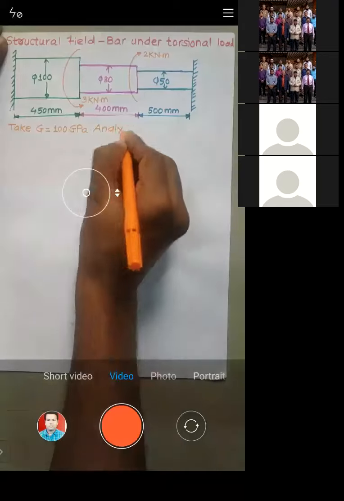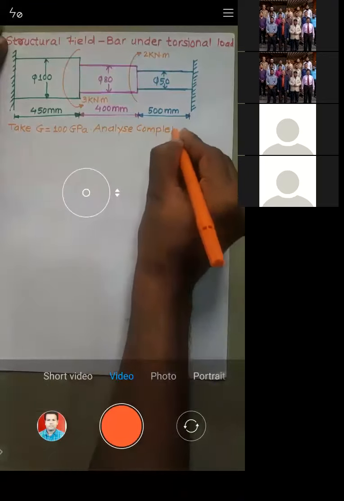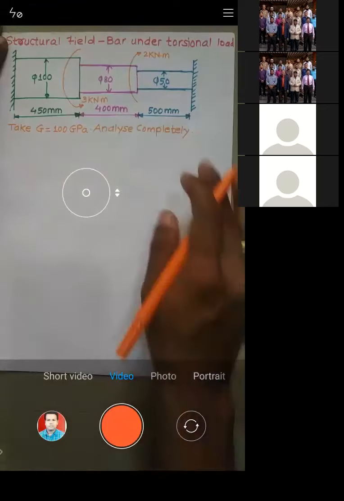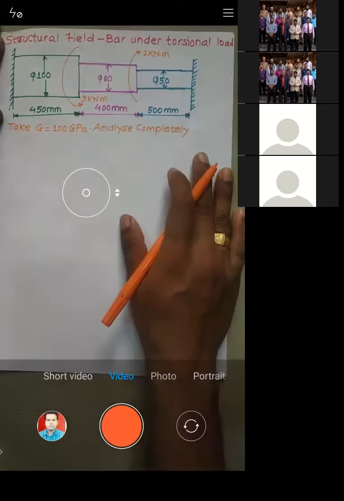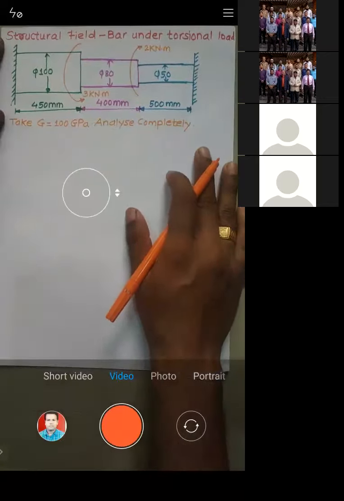So the problem is: analyze completely. Its meaning is, finally we need to end with the calculation of stress. Analyze completely, it's a straightforward meaning: calculate the stress. That is the final outcome.